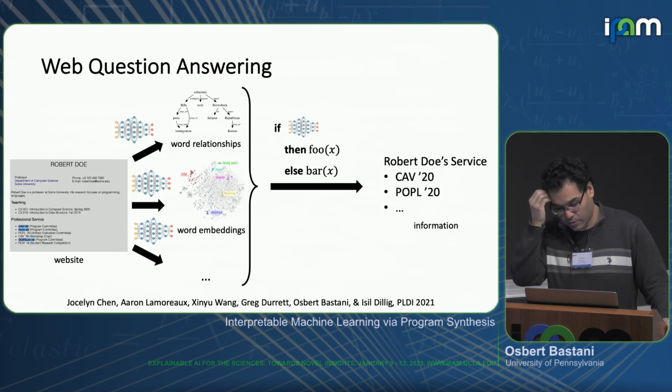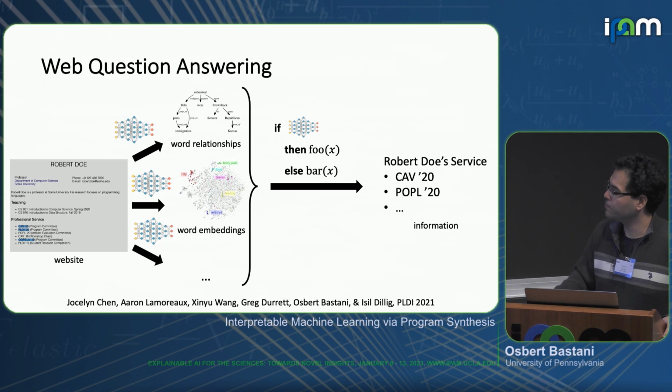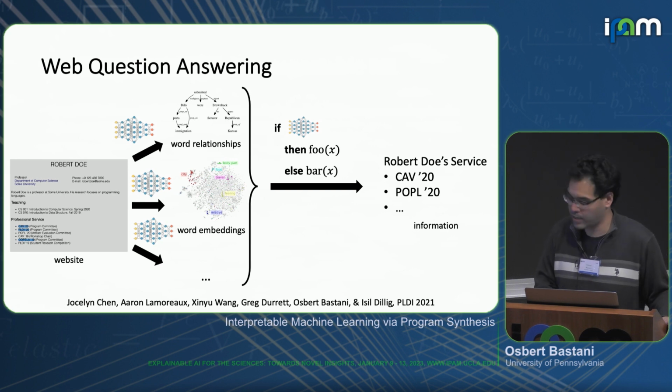There are also other constructs, for example, list-processing functions like map and filter. Once you synthesize a program in this language, you get a list of the service that the person has been a part of as the output.